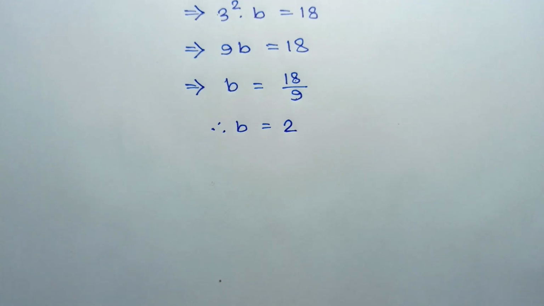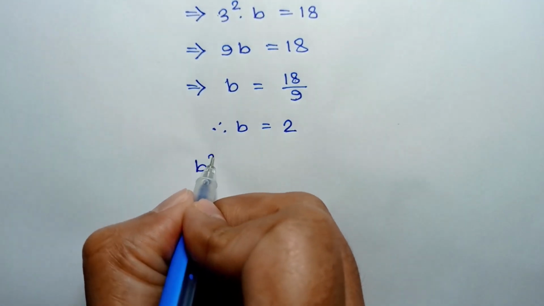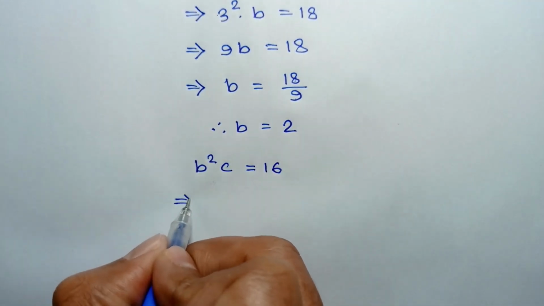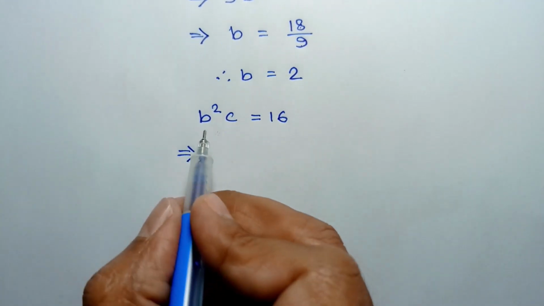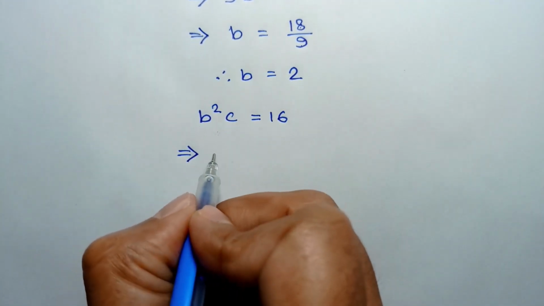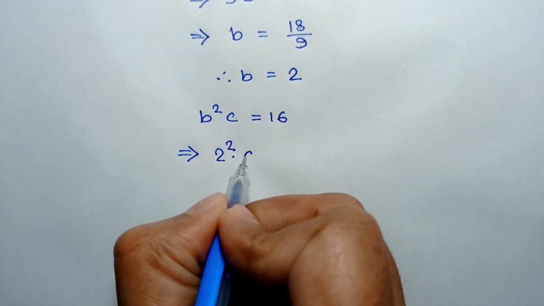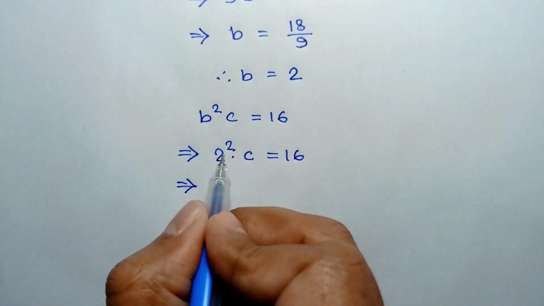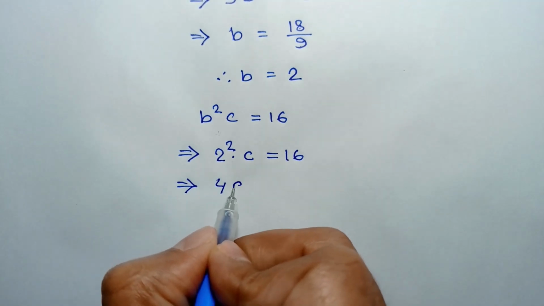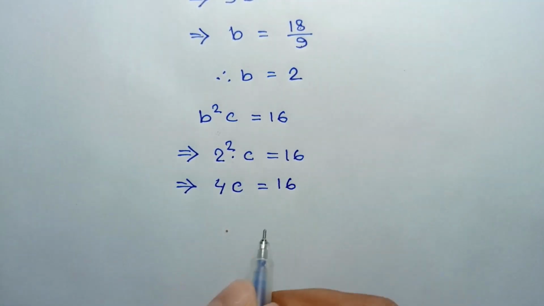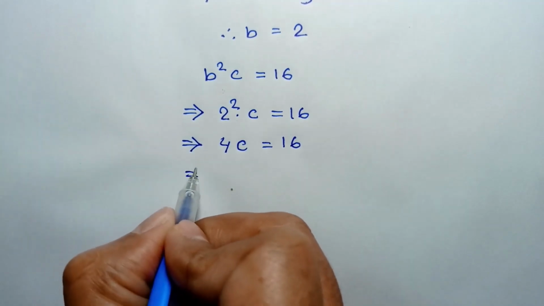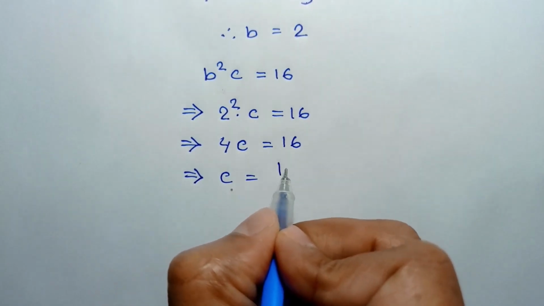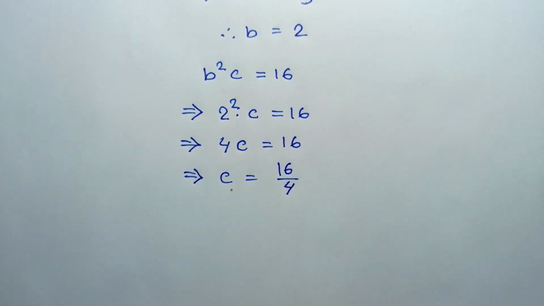Again, from equation 2 we have b square c is equal to 16, or substituting the value of b is equal to 2, we can write 2 square times c is equal to 16, or 2 square is 4 times c is 4c is equal to 16, or dividing both sides by 4, we can write c is equal to 16 over 4.